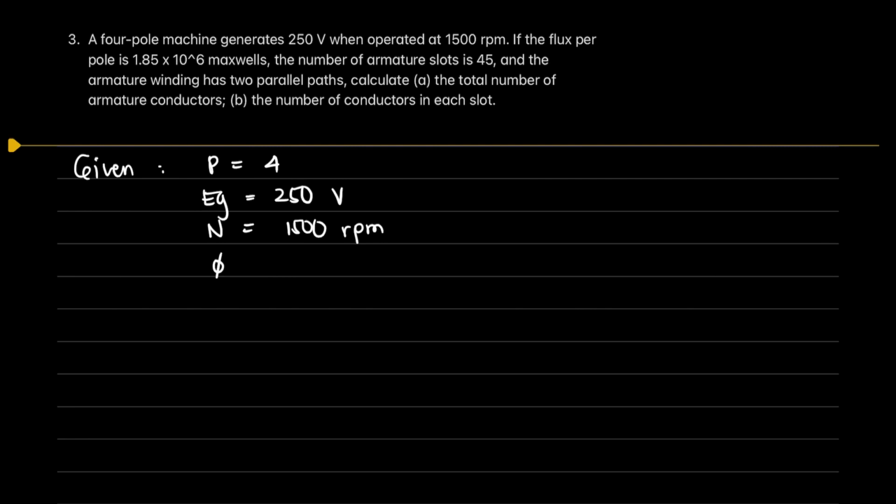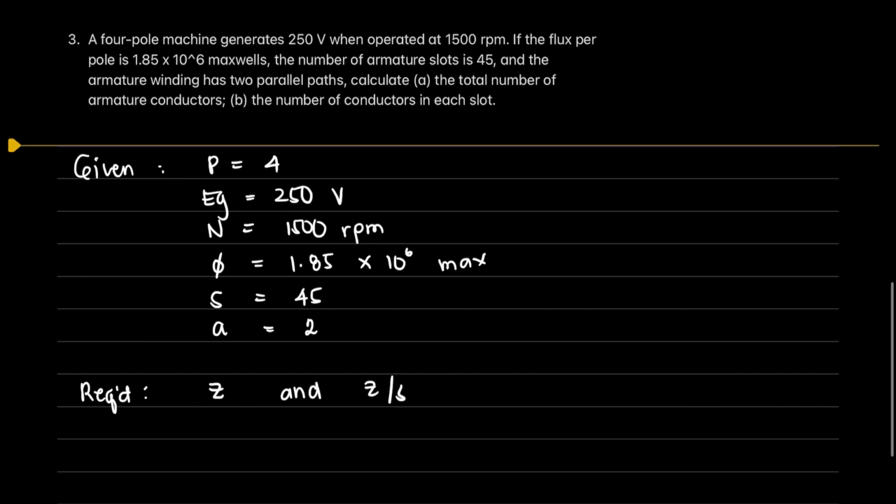The flux per pole is also given to be 1.85 times 10 raised to 6 Maxwells. The number of armature slots is equal to 45, and the armature winding has 2 parallel paths. So the required in the problem is the total number of conductors Z and the number of conductors in each slot.